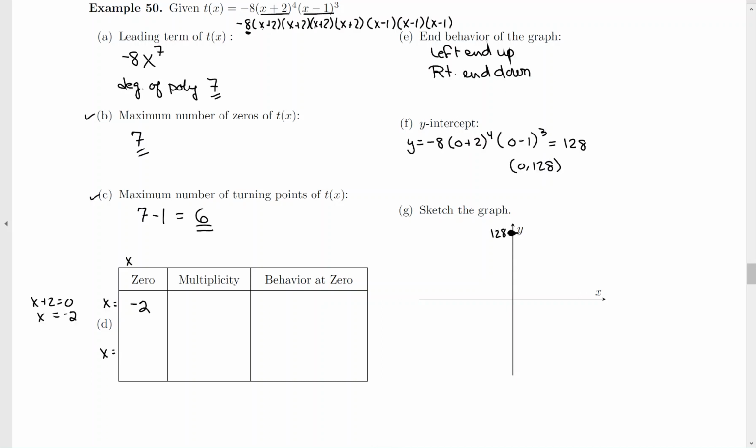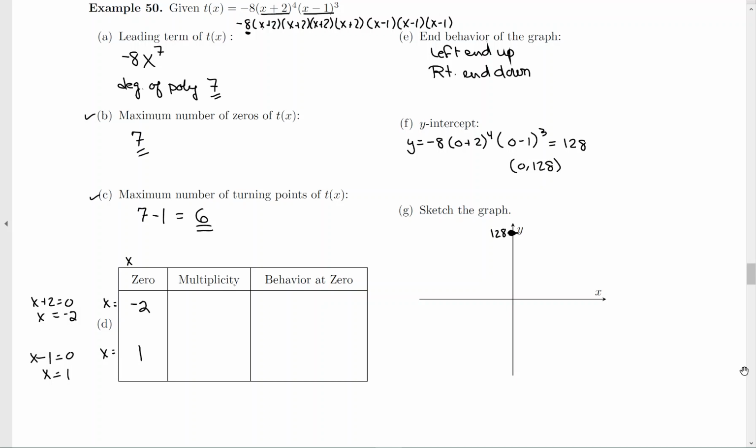And then my other is x minus 1 equals 0. Okay. You don't set negative 8 equal to 0 because negative 8 is telling me that it got flipped and stretched. There's no x there to solve for.